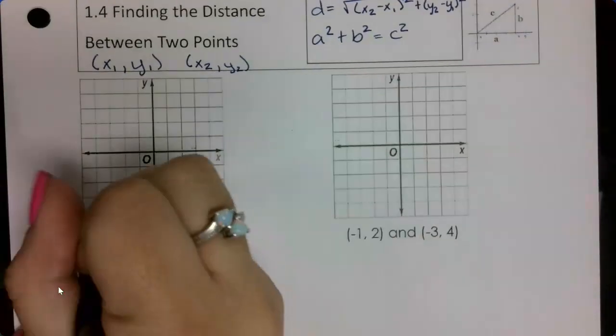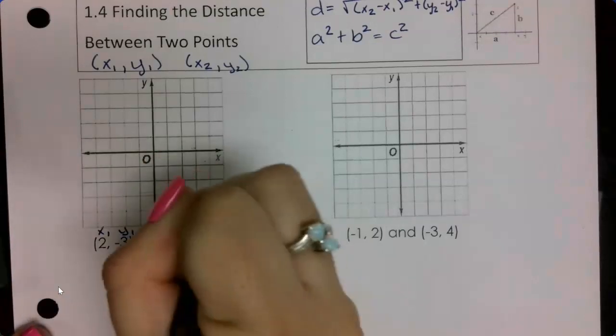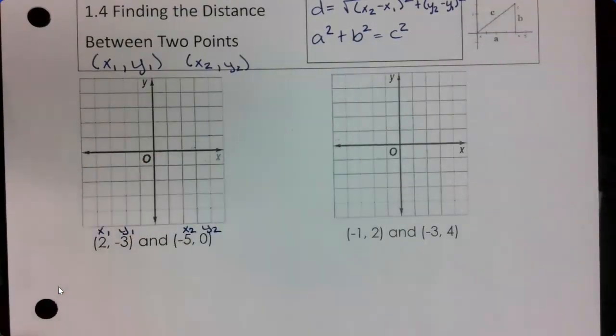Okay, so first thing I want to do is I want to label x sub 1, y sub 1, x sub 2, y sub 2.